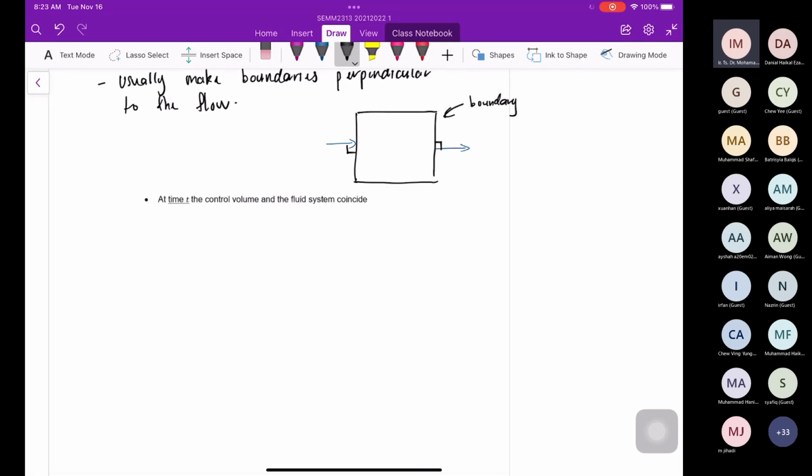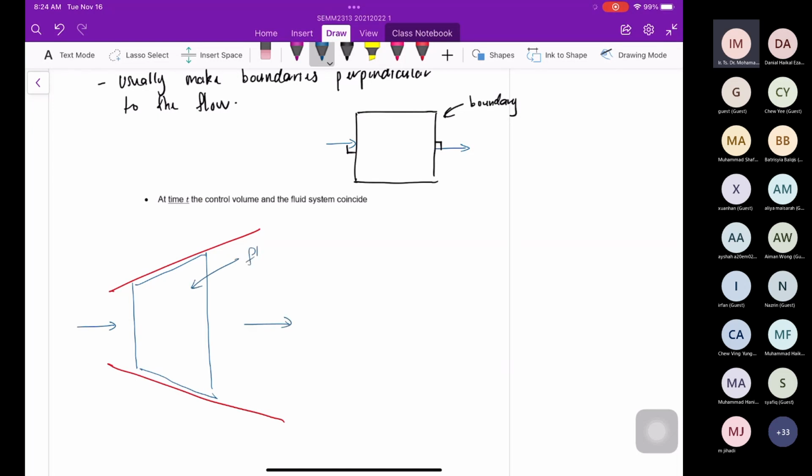Now we begin our analysis. All right, this is a diffuser. And then this is the system. The fluid system moves from left to right. This is the fluid system. Remember that as the fluid moves, the system will move. As the fluid deforms, the system will deform.